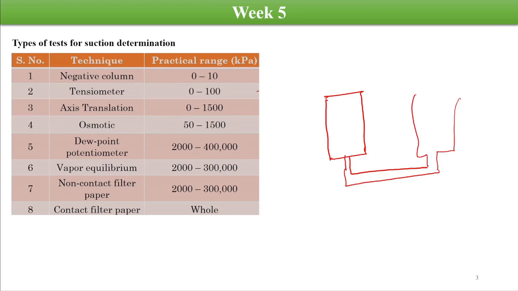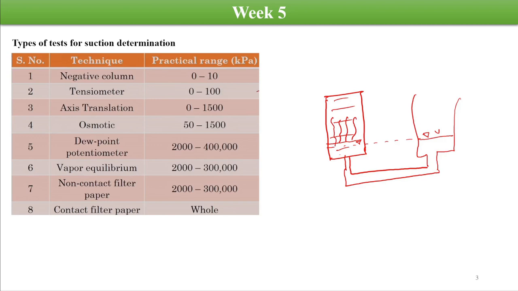Corresponding to the water level, the soil will be saturated, but above this level the soil will have pores.